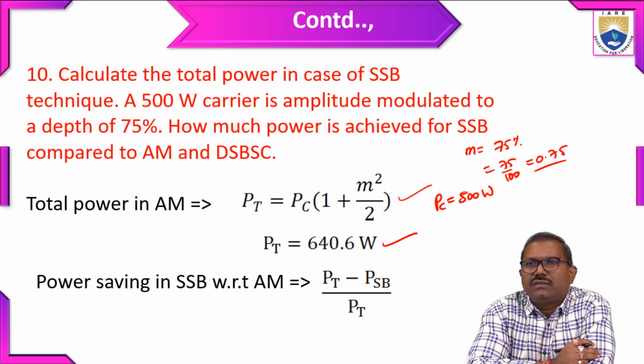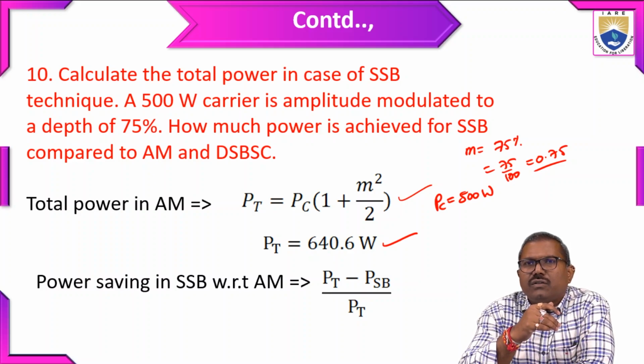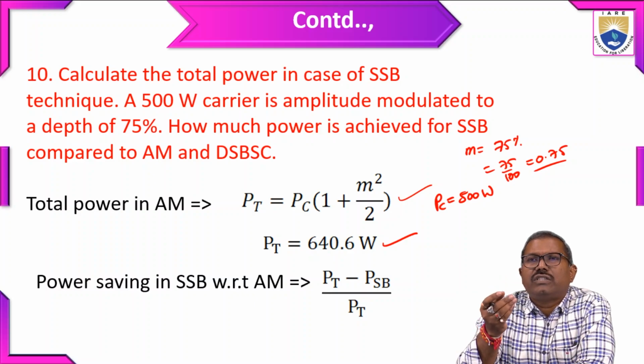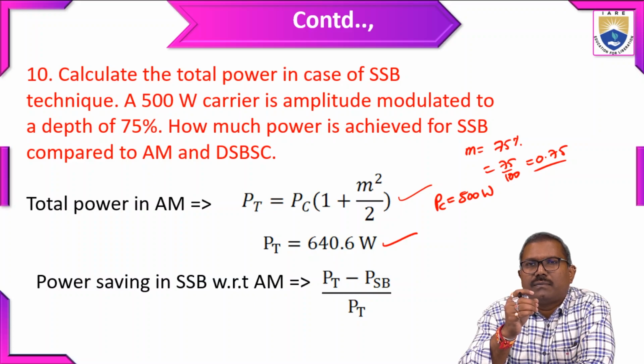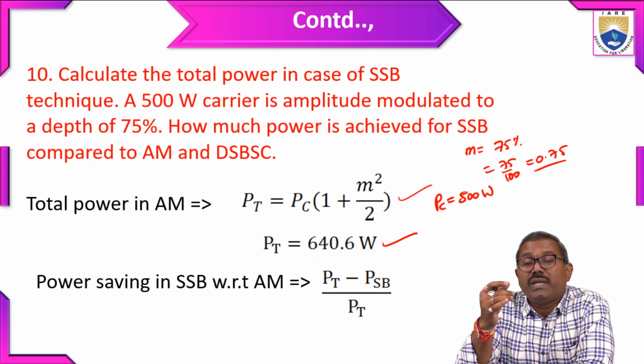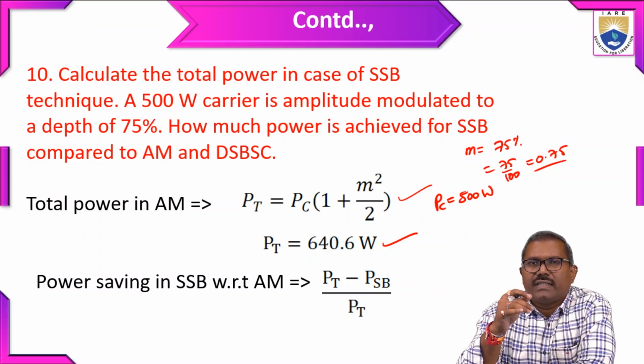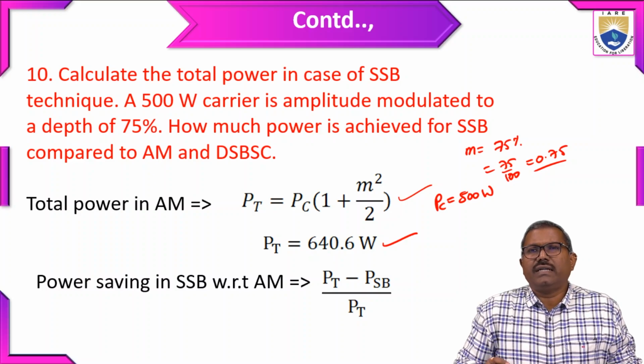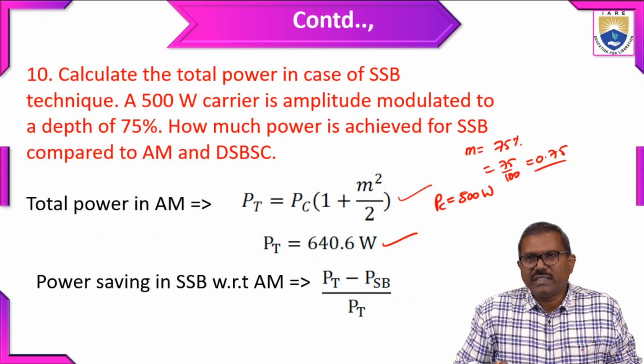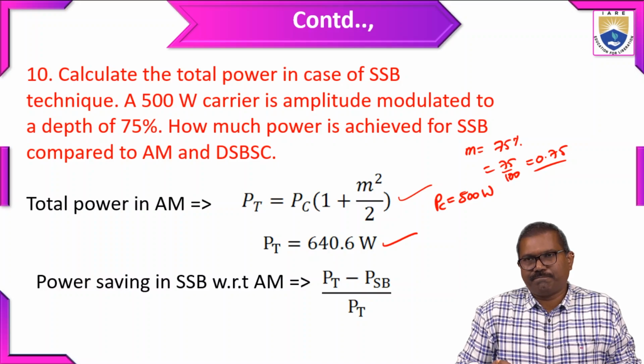So after finding this, what they ask: how much power is achieved for SSB compared to AM? AM is the standard modulation. And DSB-SC, double sideband suppressed carrier. So for that, here is the power saving in SSB with respect to AM.